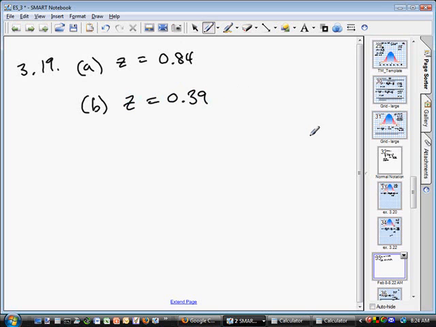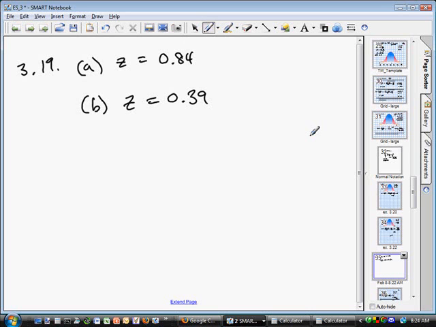So those are both reverse table lookups, but part B was a little tricky because they asked you for greater. And remember, your table always gives you less. So you gotta have your head on straight when you do these. If there's 35% greater, then there must be 65% less.